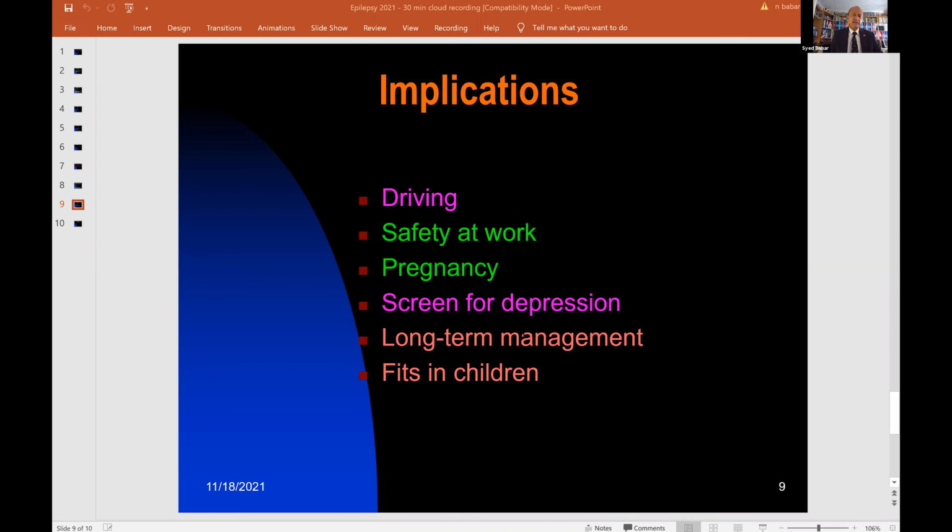If a person has provoked epilepsy and holds a Group 2 license, such as being able to drive a heavy goods vehicle like a lorry, then such a person would need to remain fit-free for a period of 10 years, during which he is not on any medication, for that person to have a restoration of his driving license.